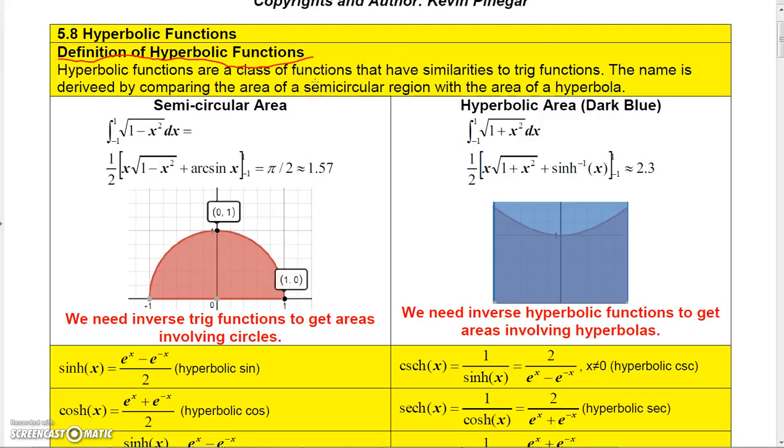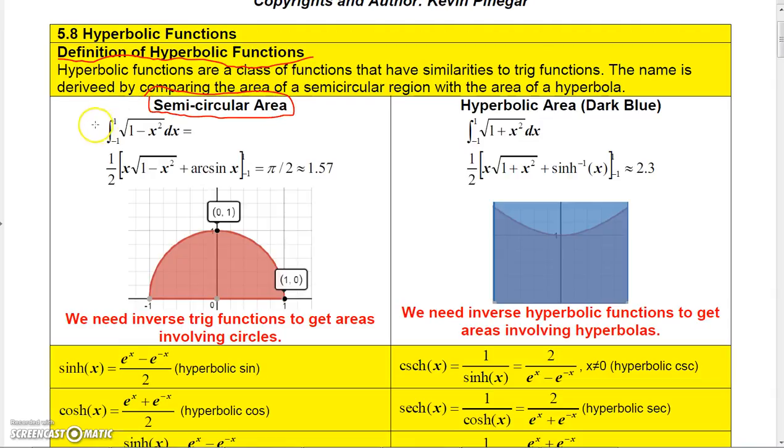They're similar to trig functions, and the name is derived by comparing the area of a semicircular region with the area of a parabola. One of the things that you might want to do, let's say we want to find the area of a semicircular region.